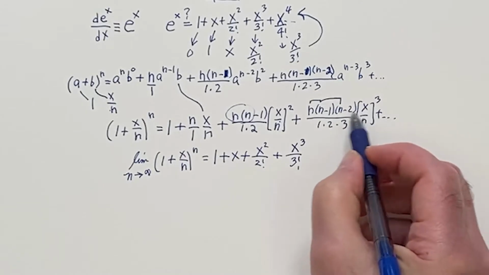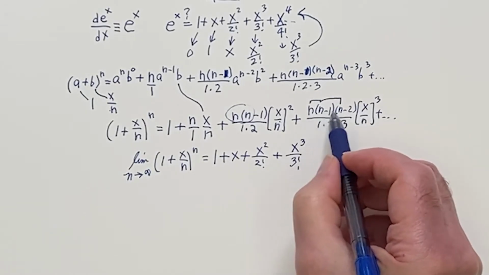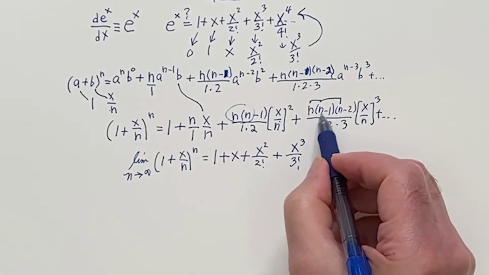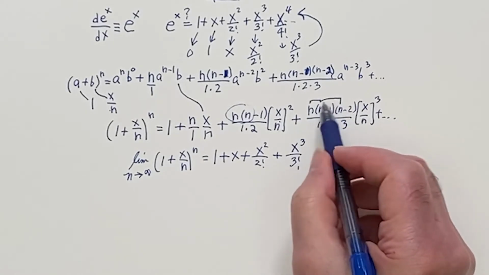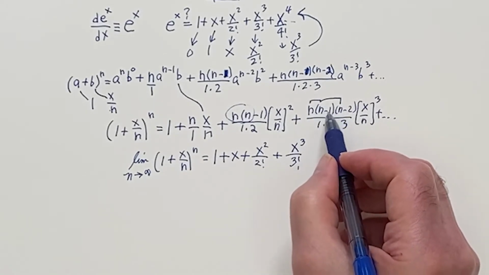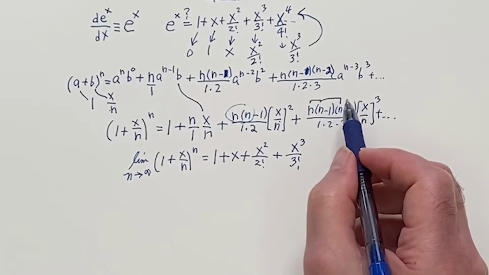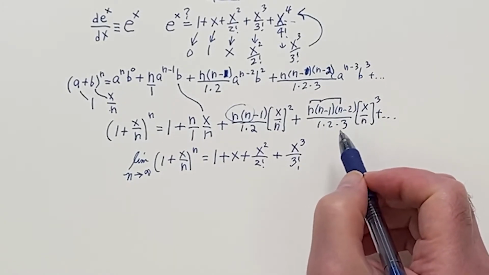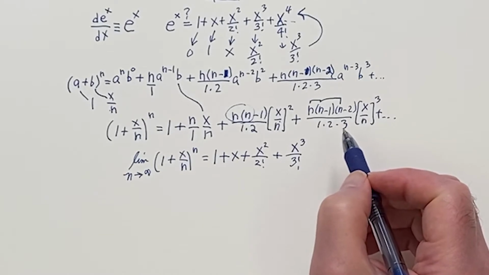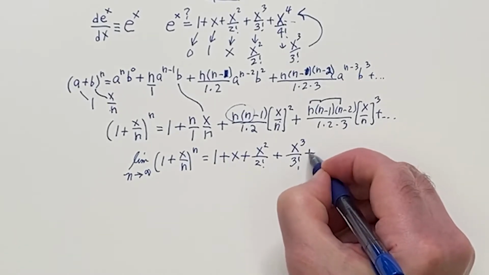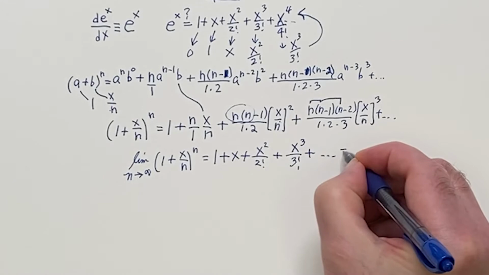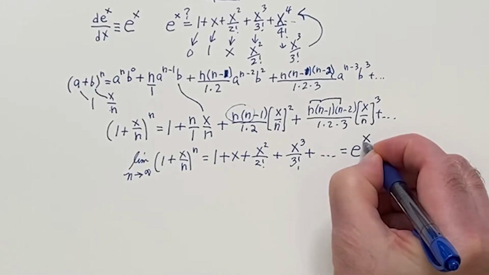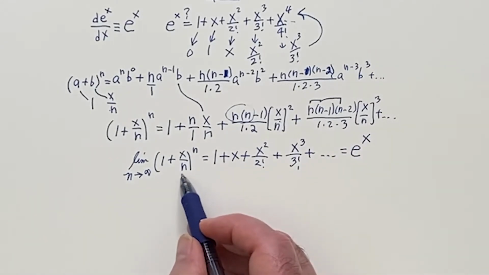And the other terms will have 1 less power of n. See, this here, n cubed is your max power. If you have n squared, if you have n, then when you divide by n cubed, you're going to wind up with at least 1 n in the denominator. So when n goes to infinity, you get 0. So this is e to the x. It's another way of writing it.